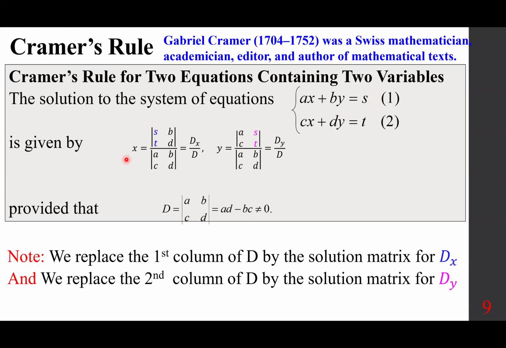If you look at the denominator for x and y, it is D. What is the numerator for x, which we call D sub x? We keep the same thing, but the first column we change to the solution matrix. And for this one, the second column, because y is the second column, we change it to the solution matrix. That's the methodology, everybody.